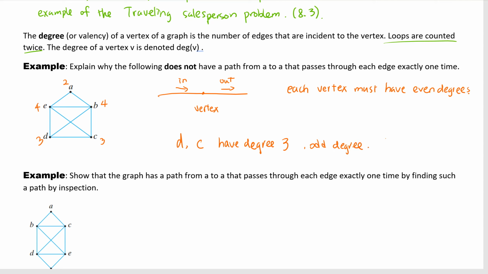That's why it's impossible to have a path from A to A that passes through each edge exactly once. The points D and C have odd degree. They come in and they go out, then they come in and they get stuck there.